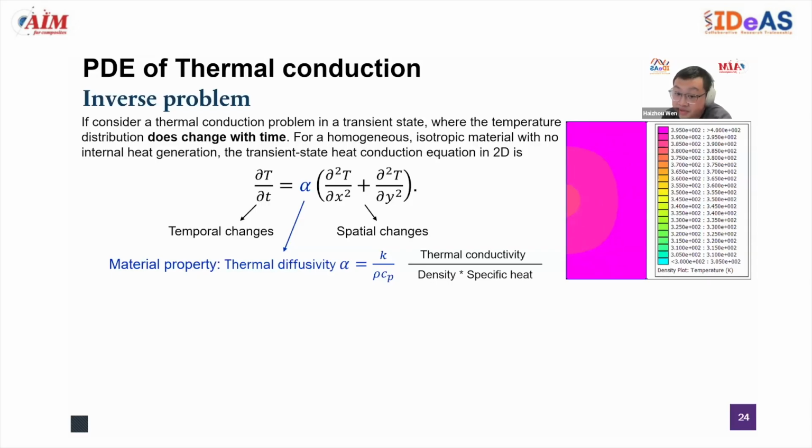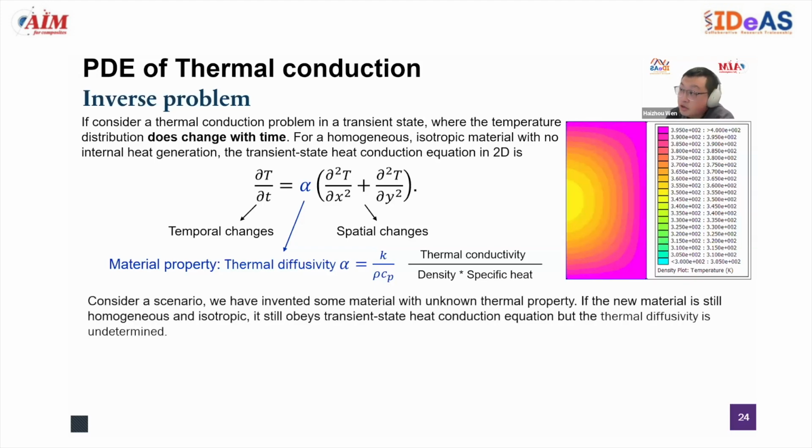The temporal term is associated with the spatial terms through the thermal diffusivity, which is purely dependent on the material properties. Try to imagine a scenario where we invented some new material and we don't know what the thermal performance of this new material would be.